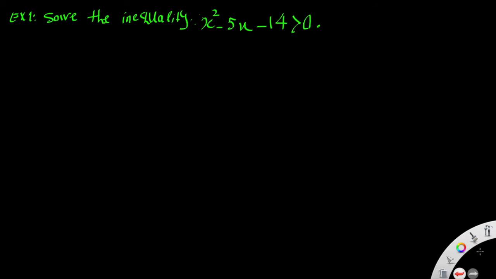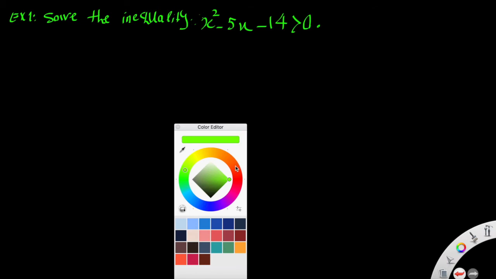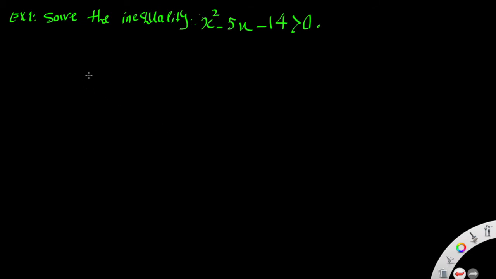Now, step 1 is to transfer whatever you have to the left hand side to have 0 on the right hand side. So step 1 is skipped as you have 0 on the right hand side. So it is already in the standard form.